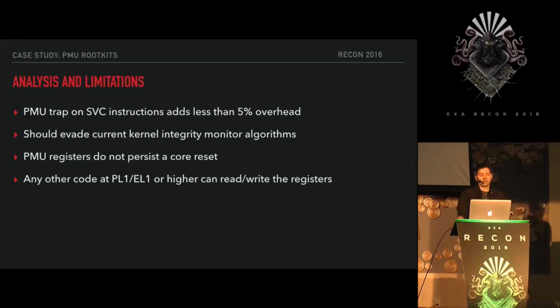A couple limitations: the PMU registers themselves are non-persistent, so this rootkit would not be persistent. Every time a core comes out of reset, the PMU registers will all be loaded with their respective reset values. And any other code running in the kernel or higher could tamper with the registers, so they could stop something from counting, which could become problematic.